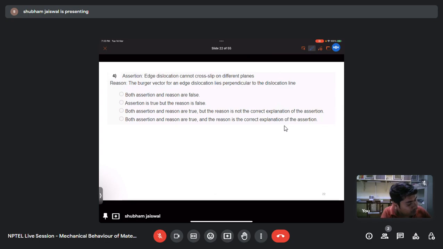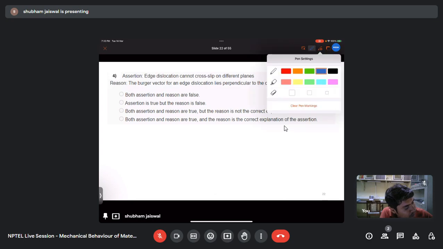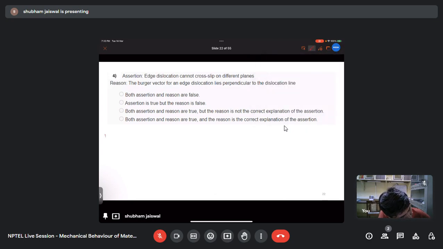So in the glide of dislocation, we have seen that the edge dislocation cannot cross slip on a different plane. Why? Because it is uniquely defined by the Burgers vector and the line vector.